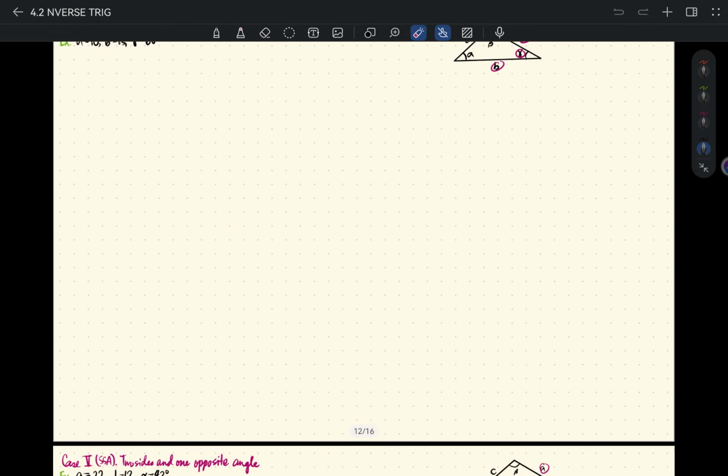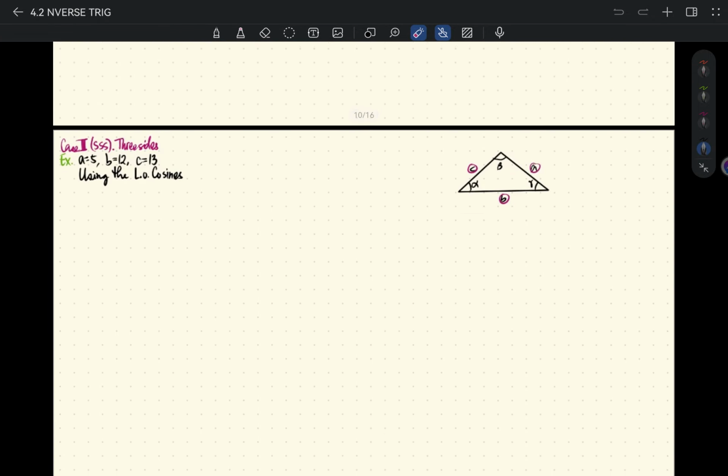So let's try and use the first form, a squared equals b squared plus c squared minus 2bc cosine alpha. You can also use the other forms.